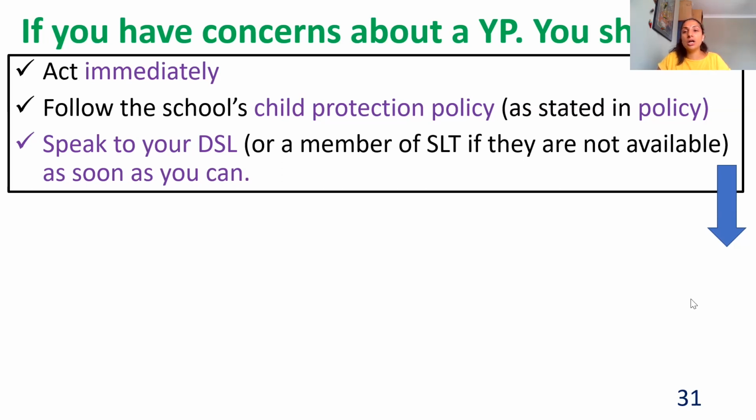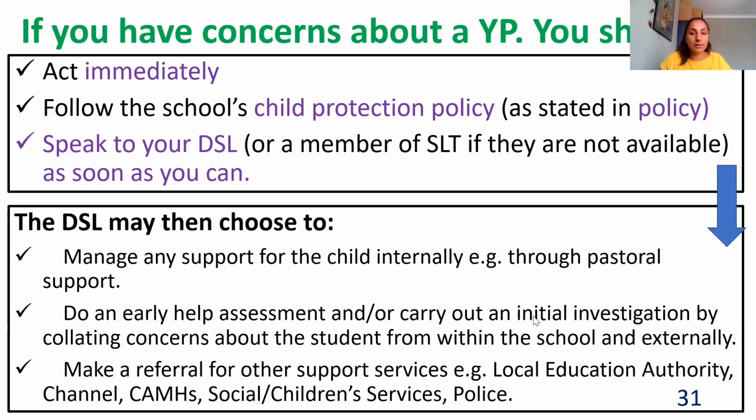If you are unsure about an issue and you just want to ask someone for support before you act, speak to your subject mentor. However, if it's clearly a safeguarding issue, with no doubt about it whatsoever, please just get in touch with the DSL as soon as possible.